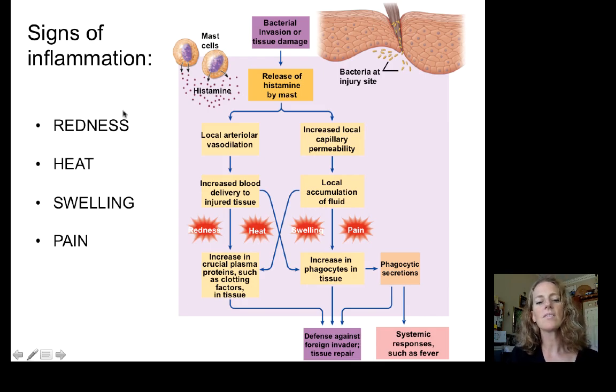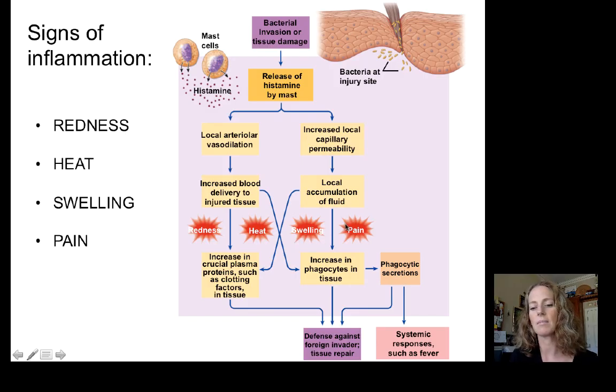So the signs of inflammation are redness, heat, swelling, and pain. We call these the cardinal signs of inflammation. These are caused ultimately by the vasodilation that brought in more blood flow to the injured tissue, and by the increased capillary permeability that brought in more fluid and cells to the tissue.